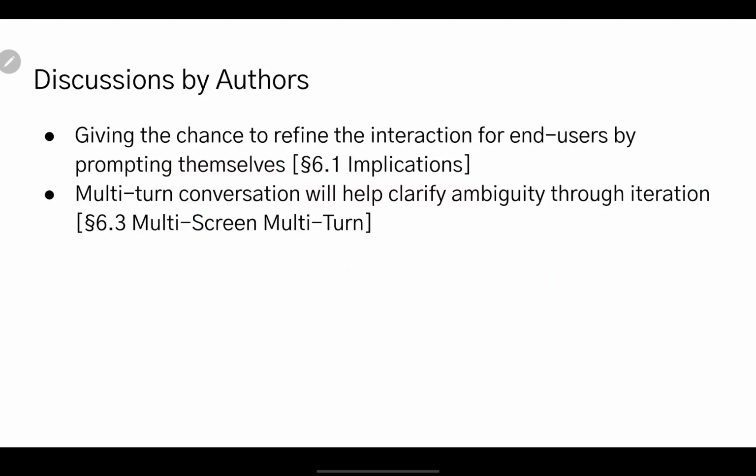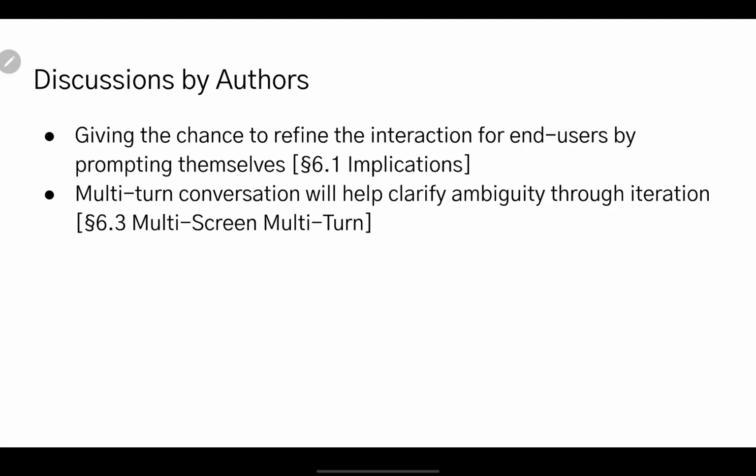And interesting discussions by the authors were like this. So, in section 6.1, implications for natural language related applications, they said that they can give end users the chance to refine the instructions by prompting themselves or giving some examples by themselves.